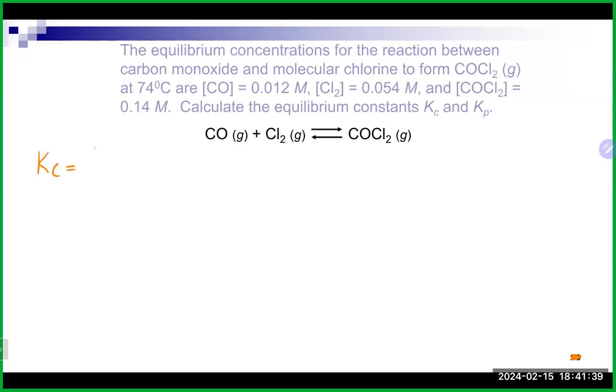And again, we're going to take our products, which in this case is our COCl2, coefficient is 1, divided by our CO, where the coefficient is also 1, and the Cl2 there. And these are equilibrium concentrations, which, by the way, is what you need to go into an equilibrium constant, right? They have to be equilibrium concentrations. They cannot be initial concentrations or anything like that.